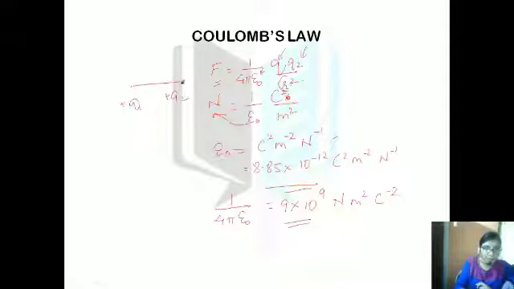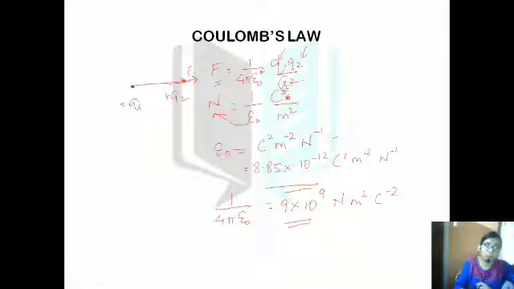That means Q2 will be repelled away from Q1, so the force acting on it will act in this direction, along the line joining Q1 and Q2.